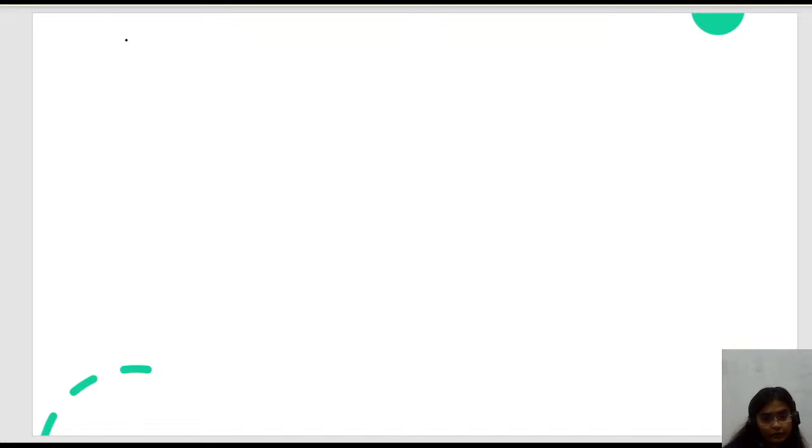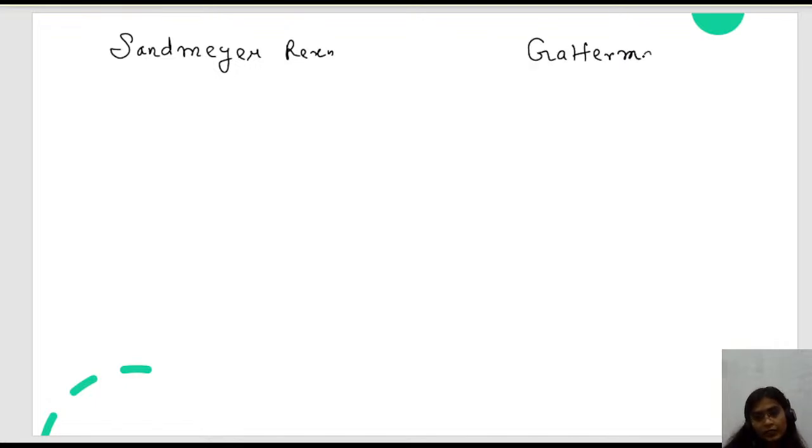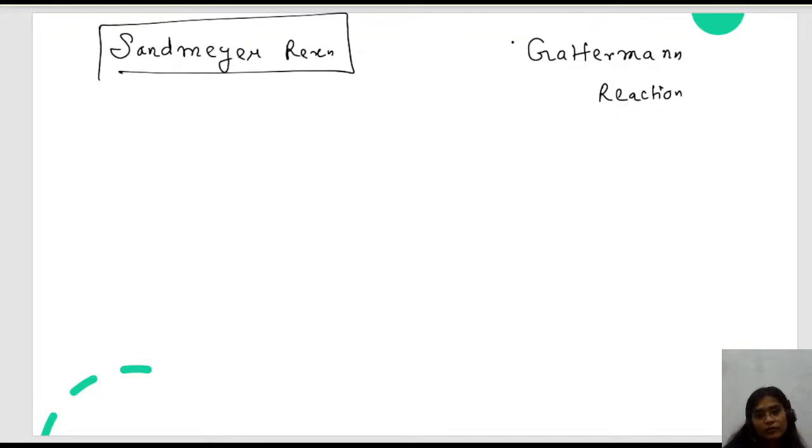Reaction number one, the Sandmeyer reaction. And let me differentiate it from the Gattermann-Koch, like how they are different. And then it's the Gattermann reaction, not Gattermann-Koch. So this is the first part, this is the second part.